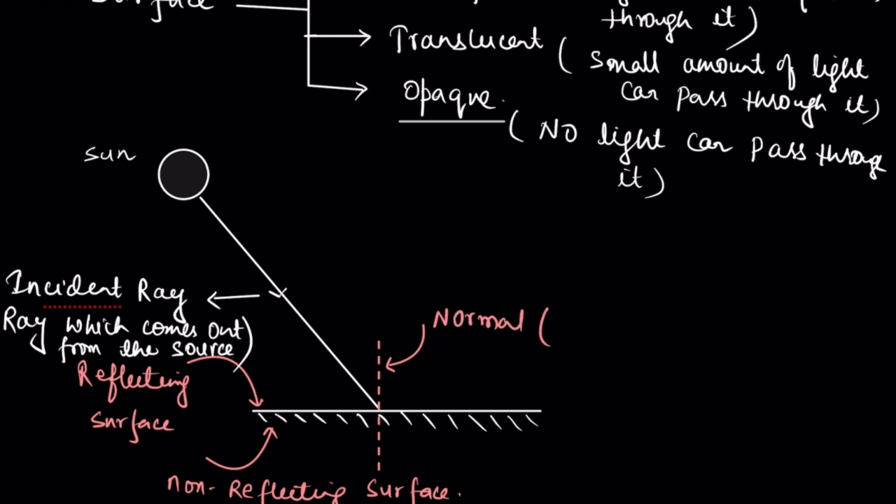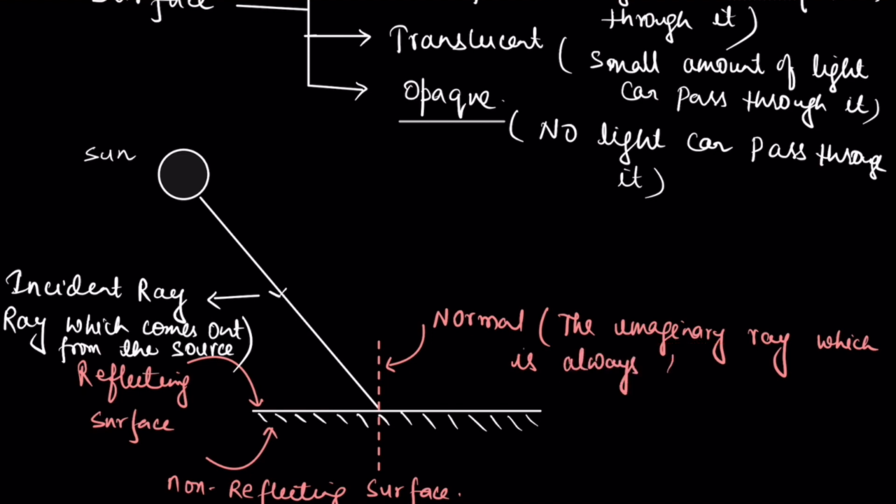So normal is the imaginary ray which is always perpendicular to the surface. It means that if we change the angle of the surface, normal will also change.